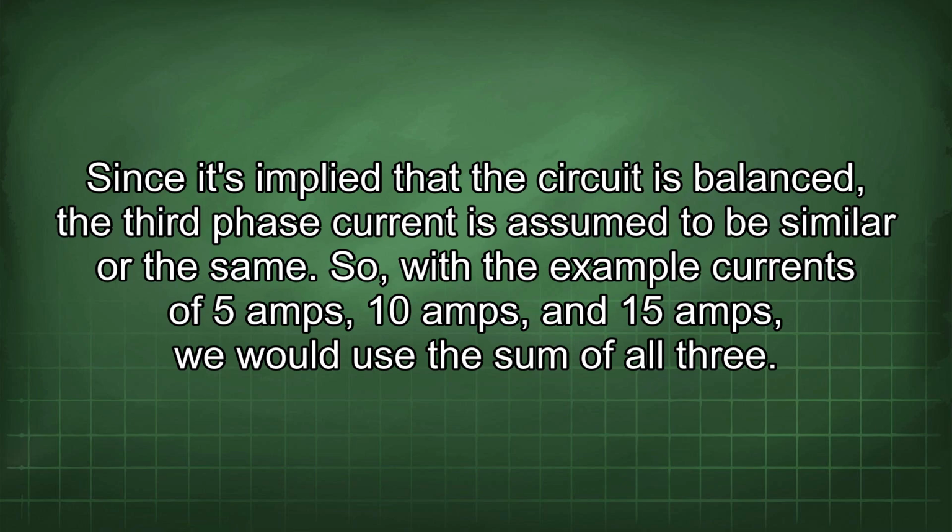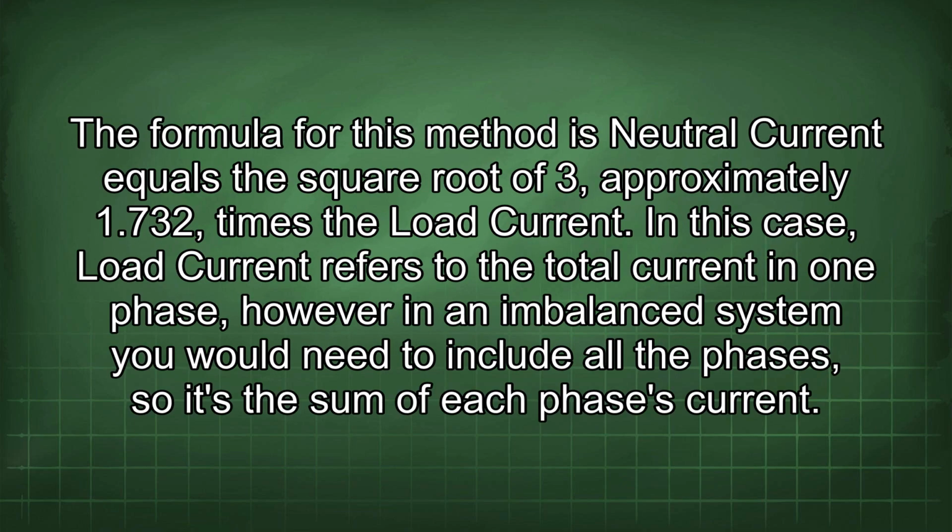So, with the example currents of 5 amps, 10 amps, and 15 amps, we would use the sum of all three. The formula for this method is neutral current equals the square root of 3, approximately 1.732 times the load current. In this case, load current refers to the total current in one phase.